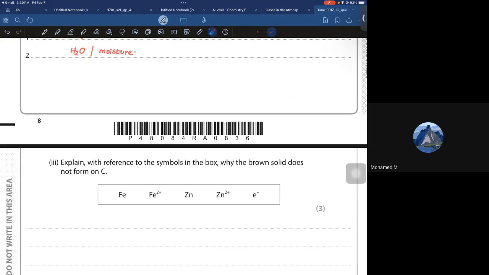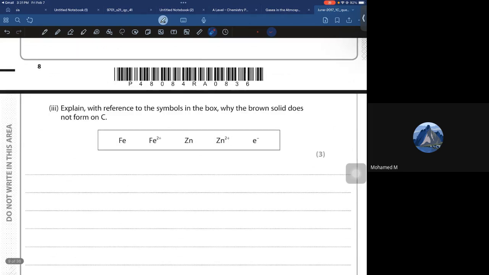When rusting occurs, iron loses electrons when it reacts with oxygen, changing from 0 to +3. If the iron does not lose its electrons, how can it rust? So you can do this by coating with zinc, since zinc would lose electrons instead of iron. You have to use your own words.